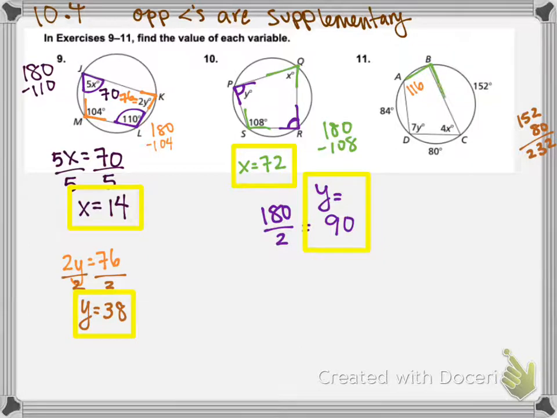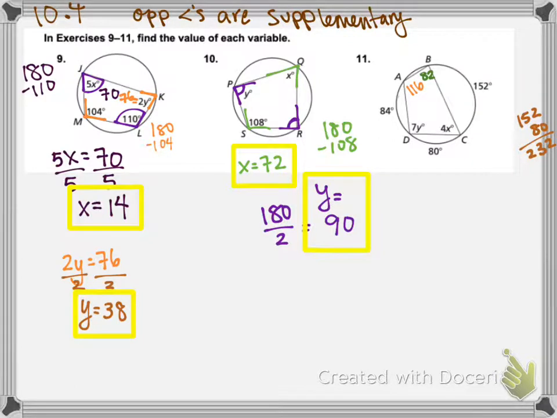We will do the same thing for angle B. Angle B's intercepted arc is all of this. So we would add 84 and 80, which makes 164. And then again, the angle is half of the arc, so it'd be 82. So we haven't finished the problem. We still have to figure out the measure of x and y.